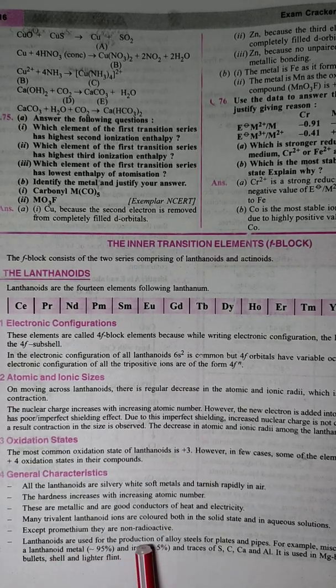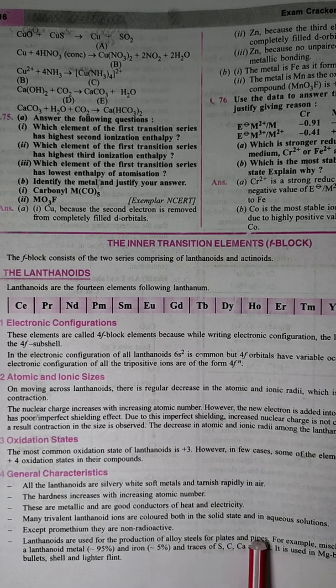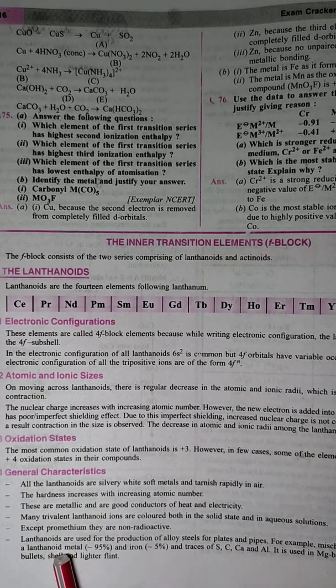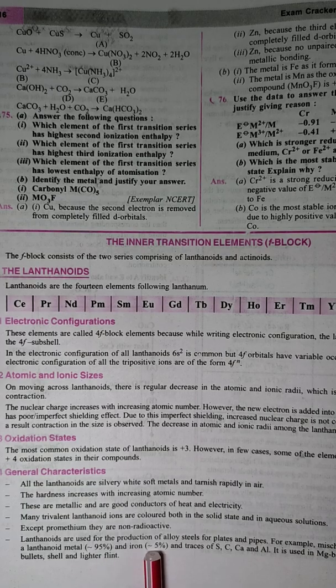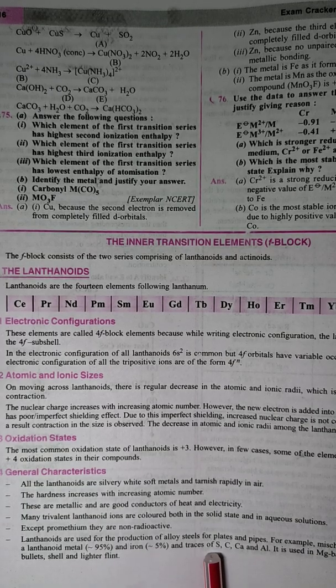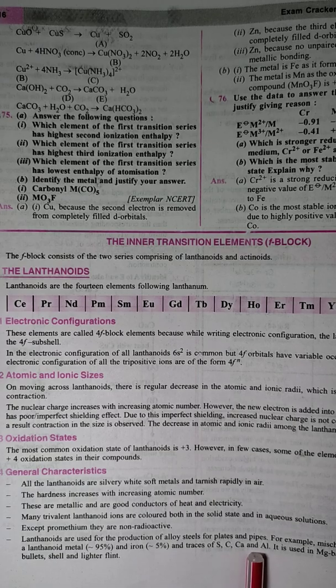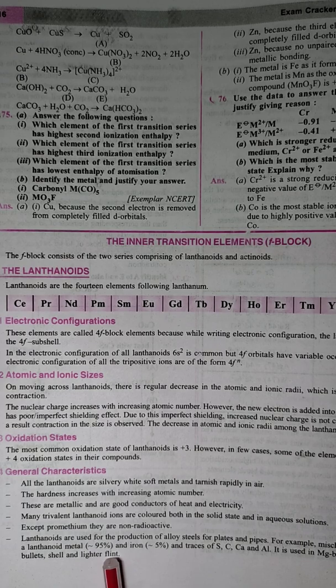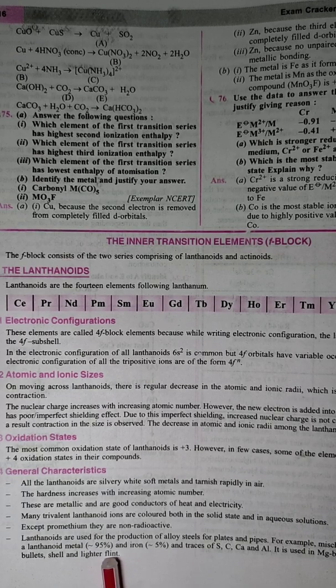Lanthanides are used for the production of alloy steel for plates and pipes. For example, mischmetal consists of lanthanoid metal 95%, iron 5%, and traces of sulfur, carbon, calcium, and aluminum. It is used in magnesium-based alloys to produce bullet shells and lighter flint. These are some of the general characteristics of lanthanoids.